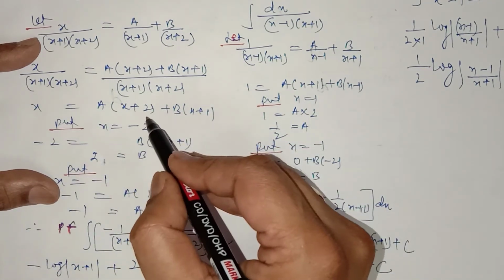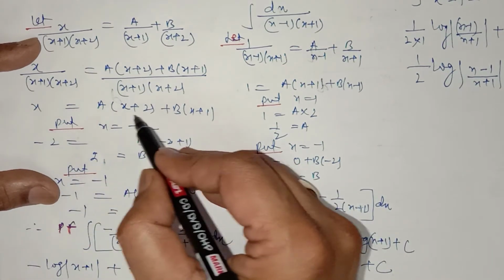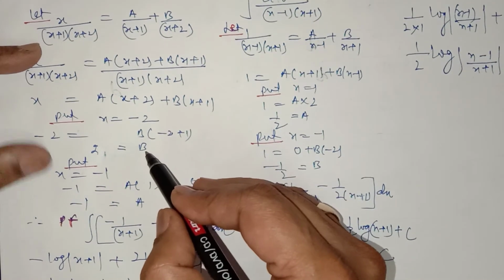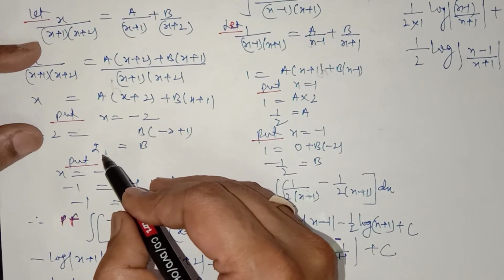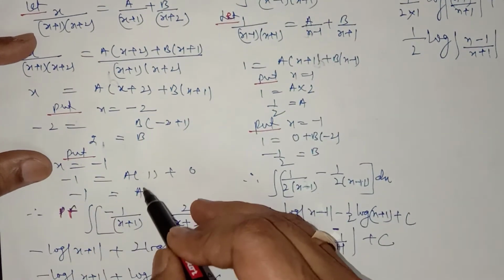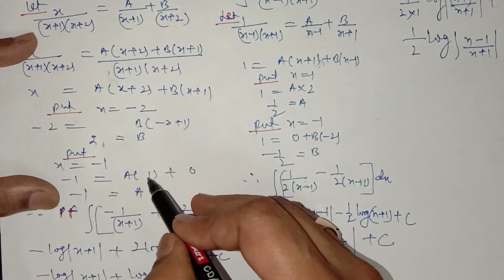By putting x equal to minus 2, I am getting minus 2 is equal to a into 0 plus b into minus 1. So I am getting b equal to 2. When I put x equal to minus 1 in this equation, I am getting the value of a as minus 1. So this is the first method to find the value of a and b.